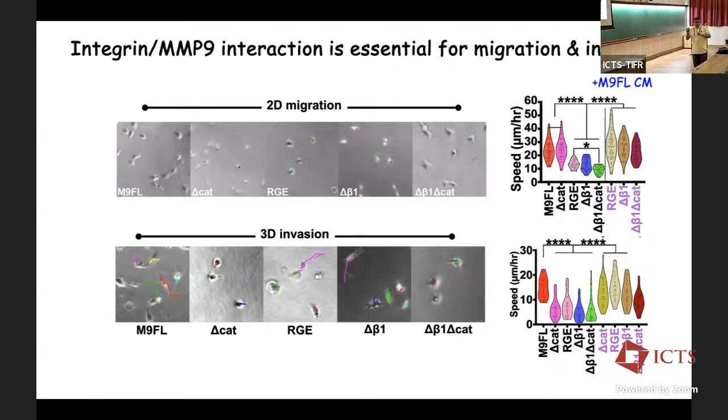So there is this difference: in our Duolink signal, integrin can associate with MMP9 in RGE cells, but they are unable to migrate. And in 3D invasion, all these four mutants are unable to sustain invasiveness of these cells. But if we supplement these cells externally with conditioned media secreted from full length MMP9 expressing cells, we can rescue the phenotype.